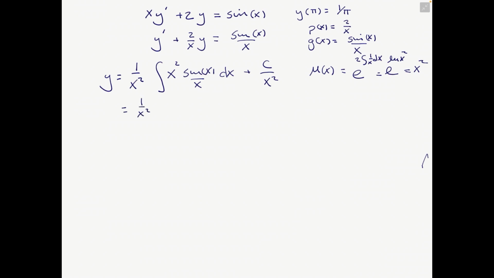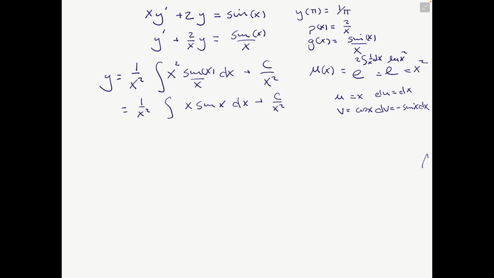And we're back to this x sine x integral. Use u equals x, du equals dx. v equals minus cosine x, dv equals sine x dx.